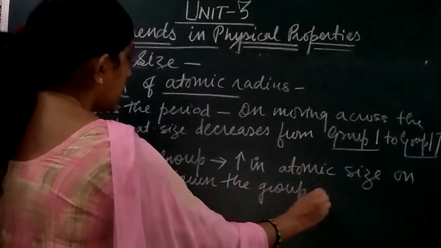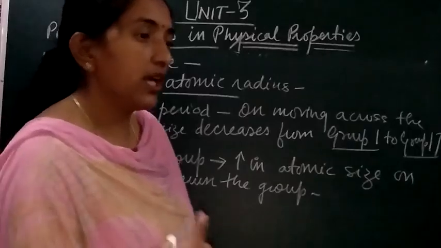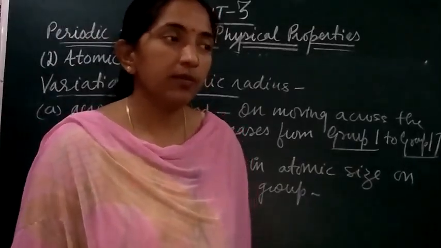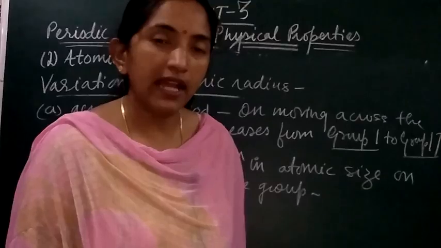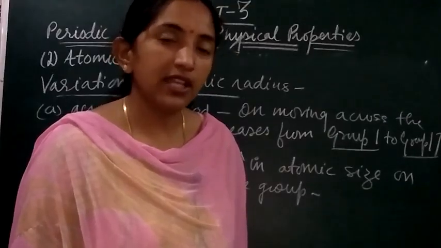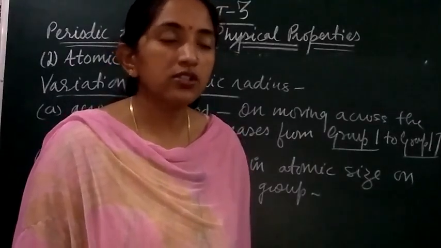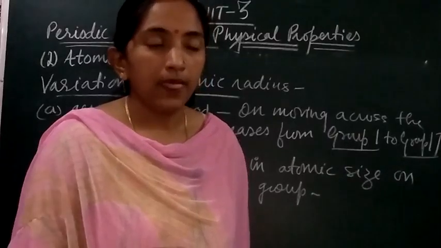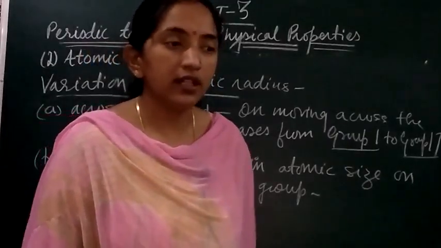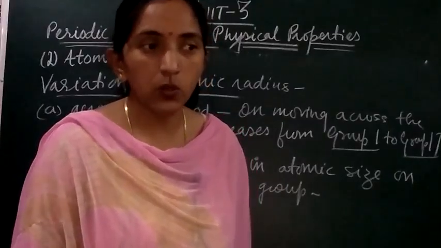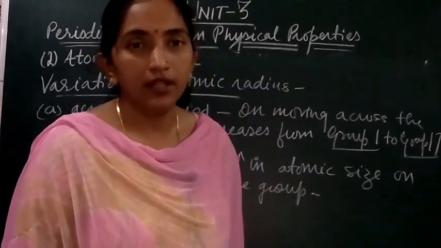So students, here what happens is that when we jump from one period to another period, that means when you're jumping down the group, then there is increase in the atomic number, right, and the new or incoming electron is added in a new shell, right? Definitely the proton number is also increasing, but the increase in the shell predominates over the nuclear charge attraction. As a result, what happens, there is an increase in the atomic size of that element, right?